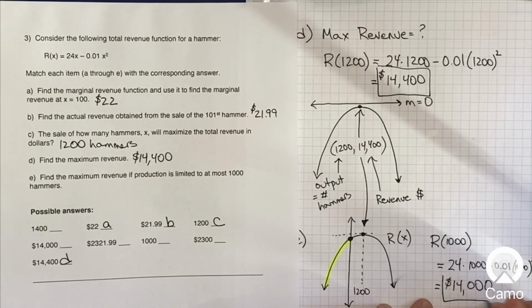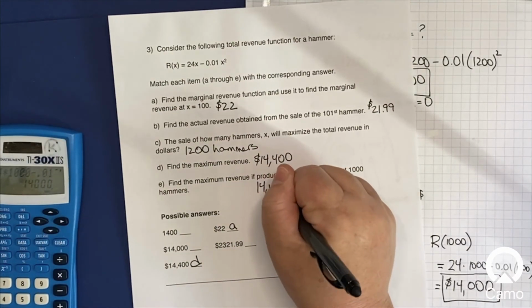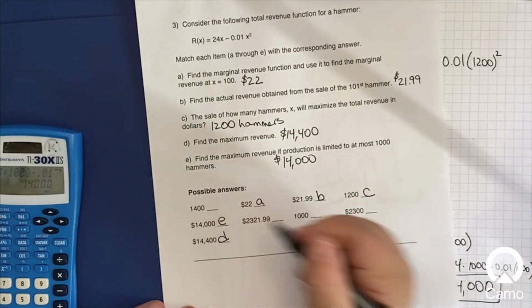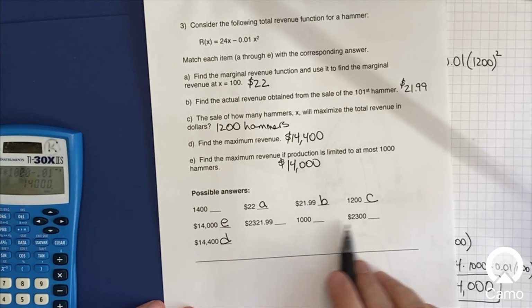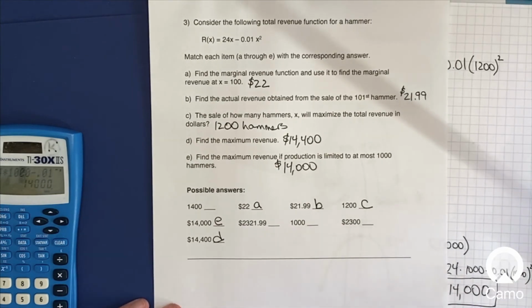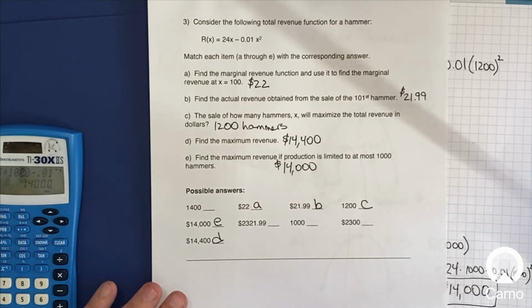And then we end up with $14,000 in revenue. And so that is there. And all these other numbers, those are just red herrings. I put them in as extra ones in case people are just guessing, to make it a little bit more challenging.